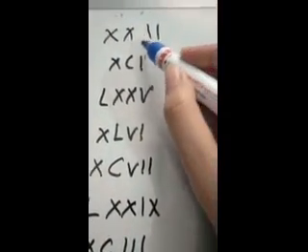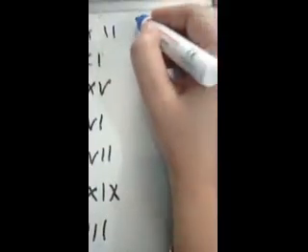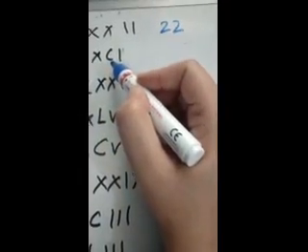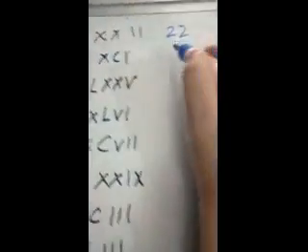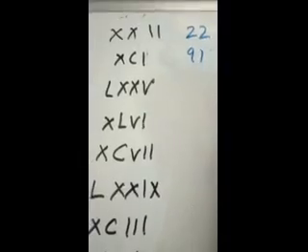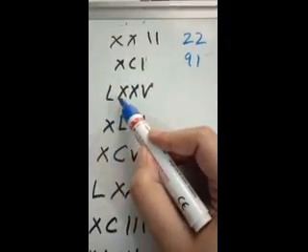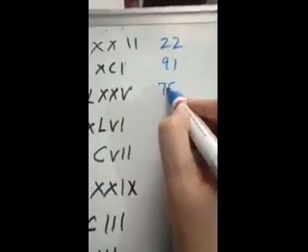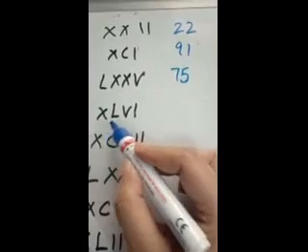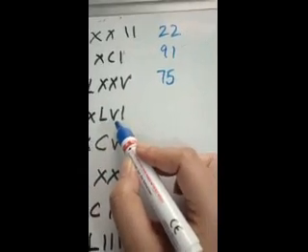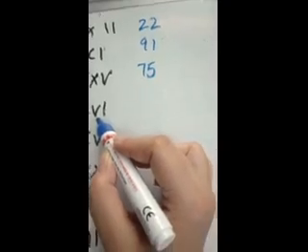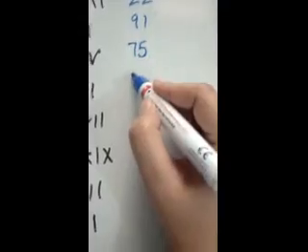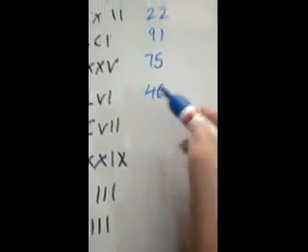XX, 20 plus 2. 22. XC, 90. 90 plus 1. 91. 50, 60, 70 and 5. 75. 50, 60 and 6. XL is 40. 40 and 6. 46.